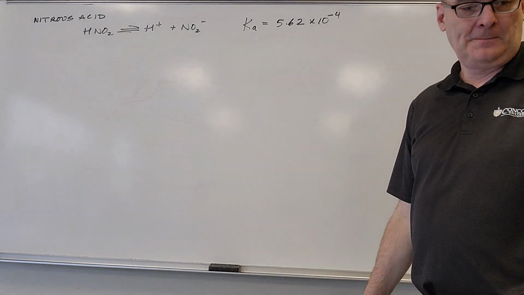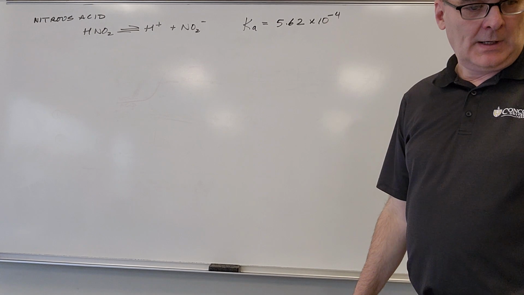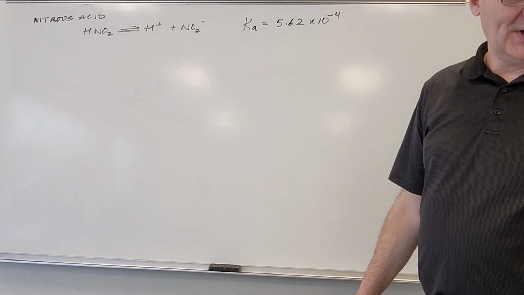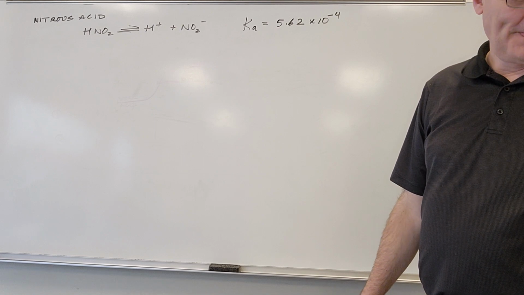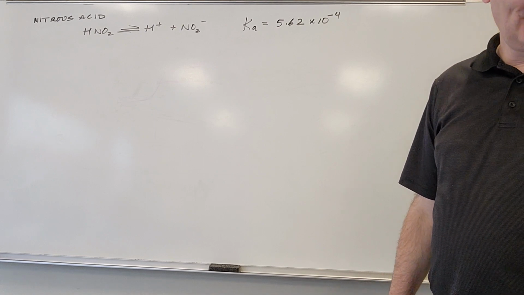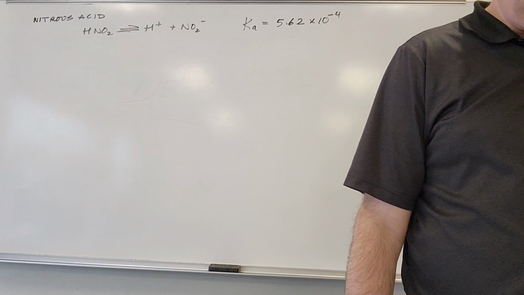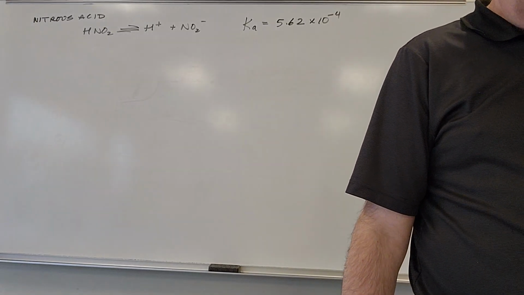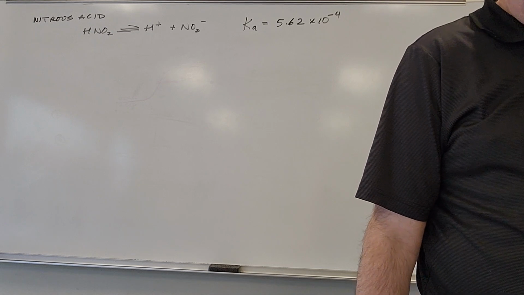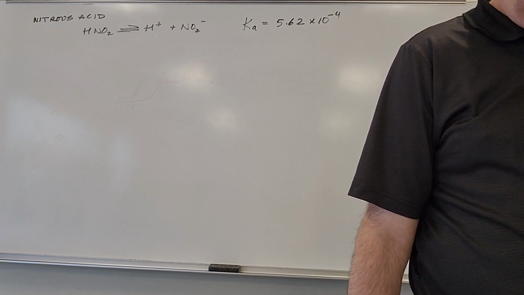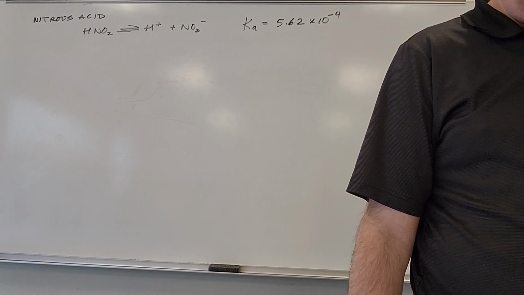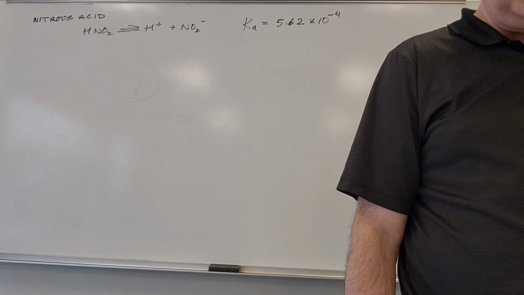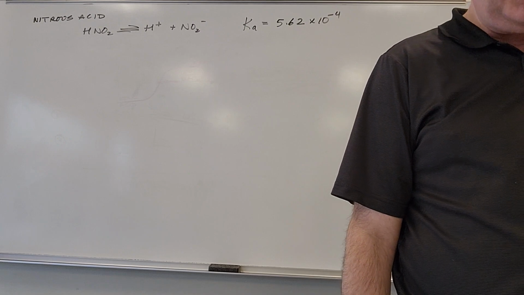All right. Write the equilibrium constant expression for the weak acid dissociation of nitrous acid. Assume that the amount of nitrous acid that dissociates at equilibrium is much smaller than the amount of undissociated acid. Calculate the equilibrium concentration of hydronium ion in a 0.15 molar solution of HNO2.